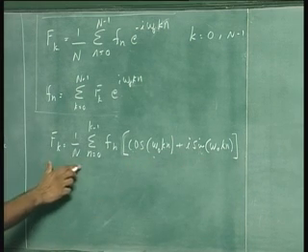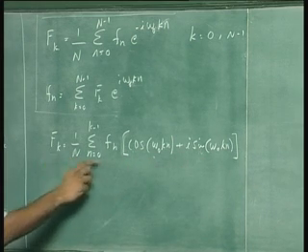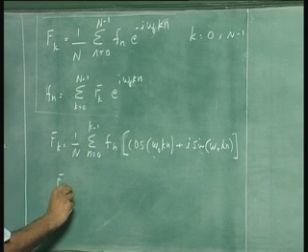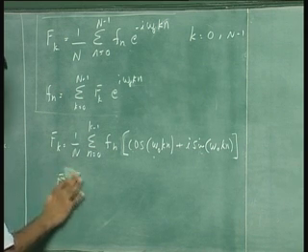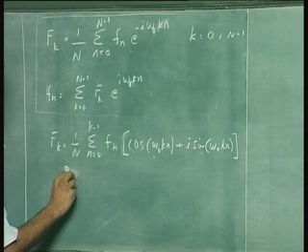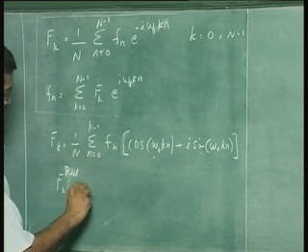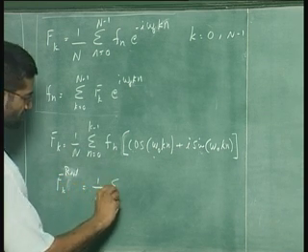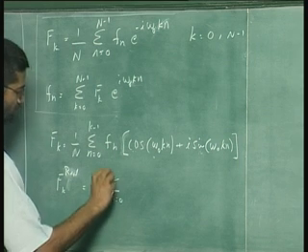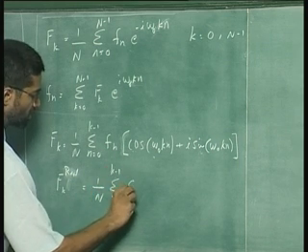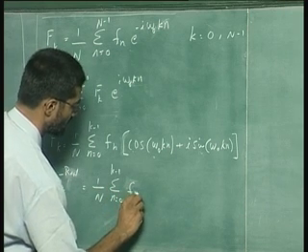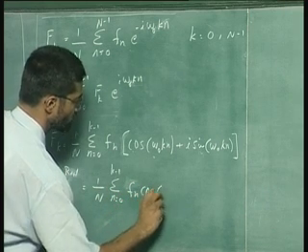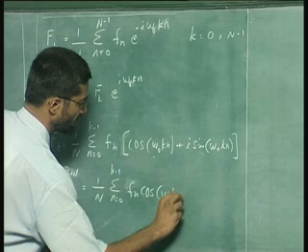Imagine we have F_k; we compute its real part, F_k real, which will be 1/N times the sum over n equal to 0 to N minus 1 of f_n cos(ω_0 k n).